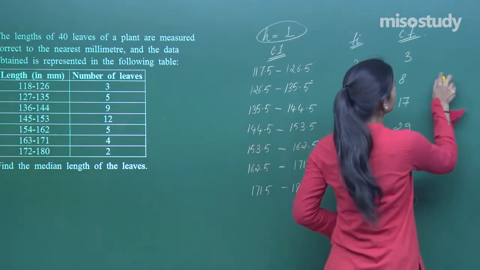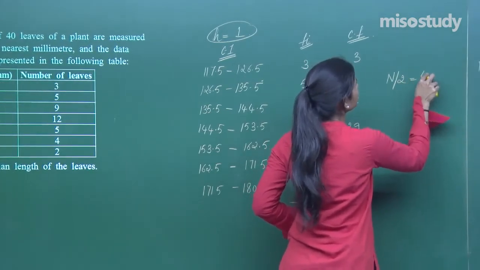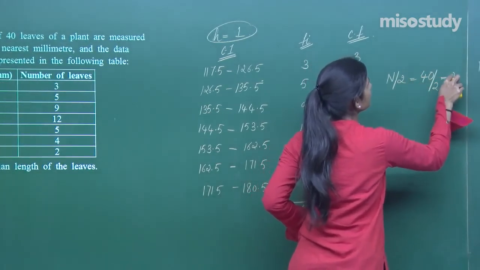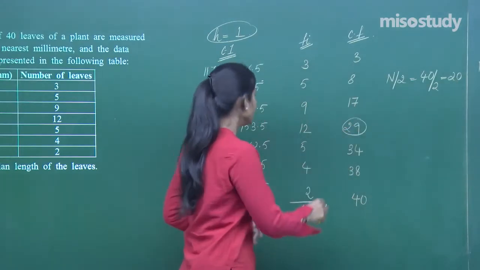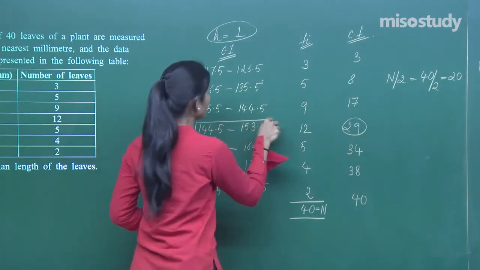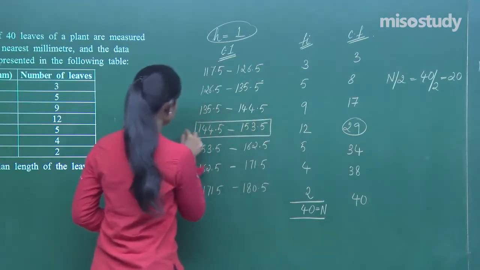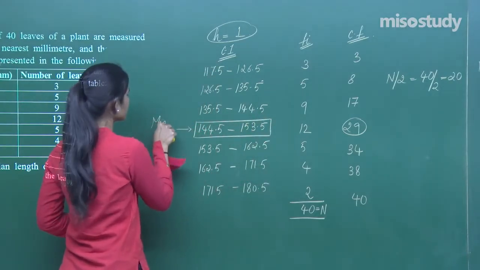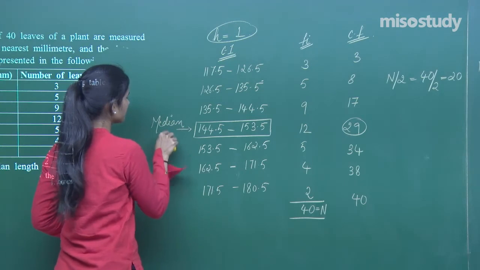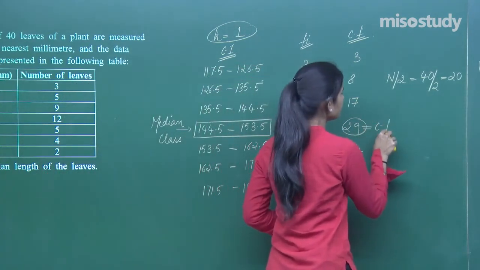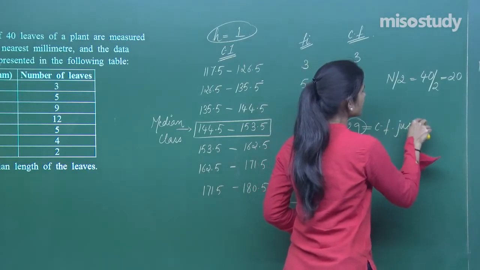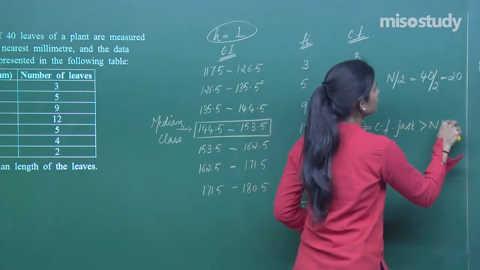N by 2 is 40 by 2, which is 20, and the cumulative frequency just greater than 20 is 29, and the corresponding class is your median class. This is your median class. Is it clear?